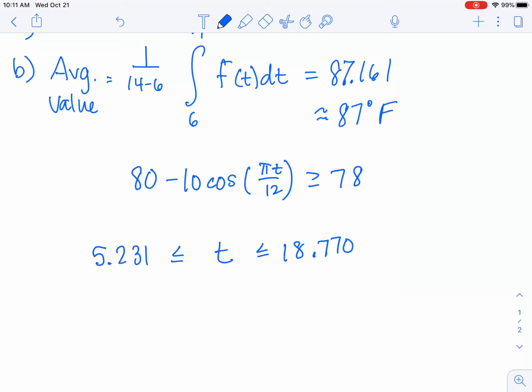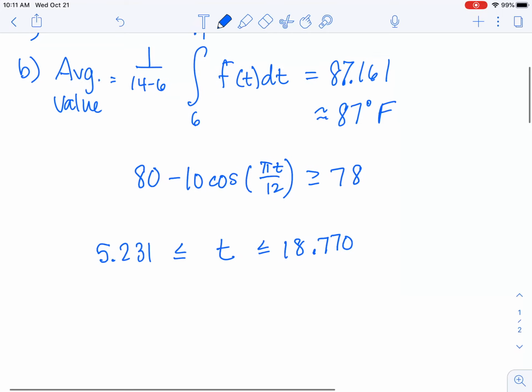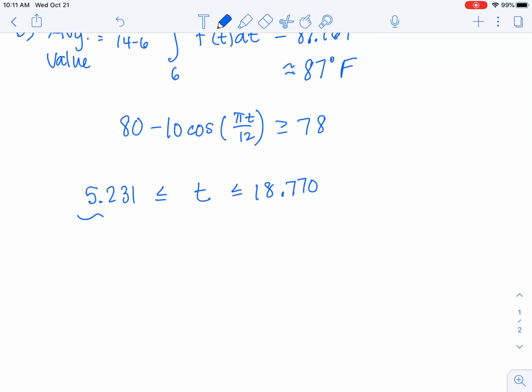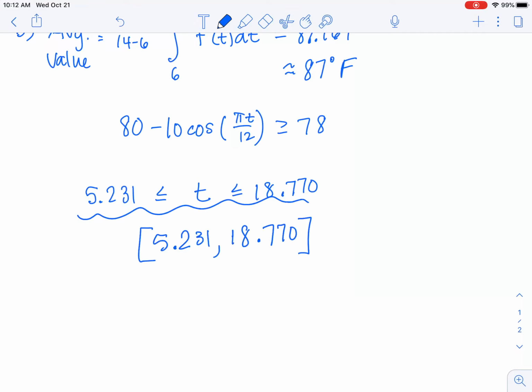This is what we're looking for. Some of you wrote parentheses, and I took points off because you have to understand that it goes to being equal. We're including those endpoints as well. That was worth 2 points.